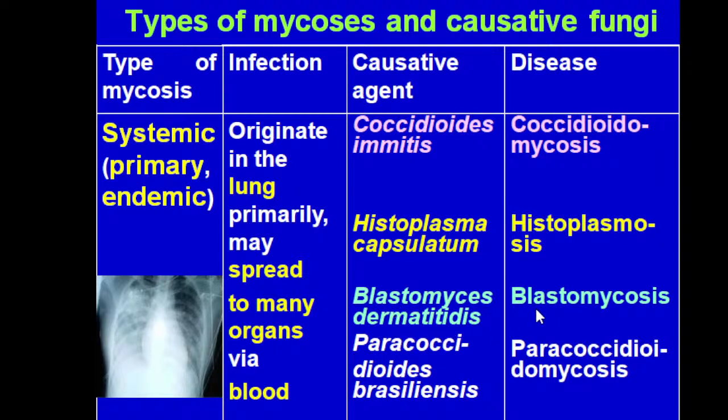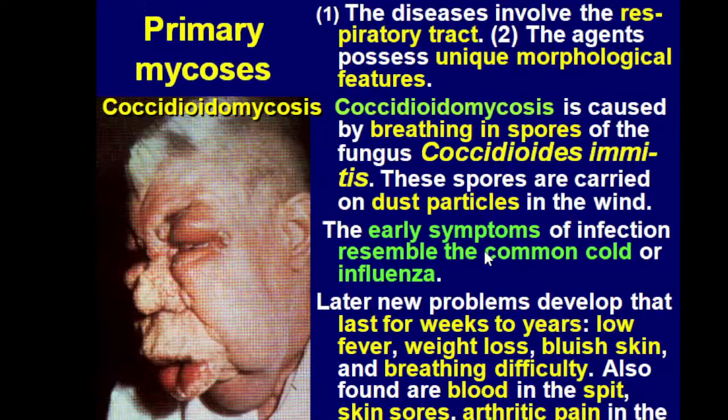Blastomyces dermatitidis, and the disease is blastomycosis, and so on. So those blastomycosis, the systemic mycosis, are very severe. So usually the respiratory tract is the first involved in the disease because usually we inhale it.